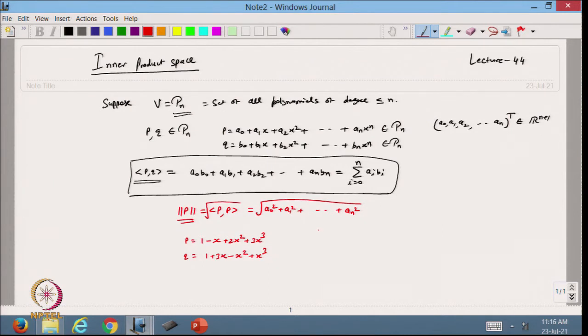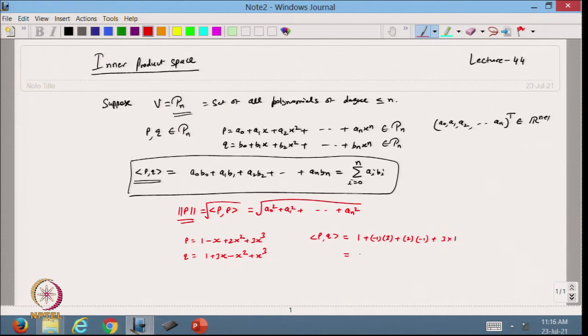Then I want to check whether these polynomials are orthogonal to each other. So, I will just take the inner product of these. Taking the constants, 1 times minus 1, then plus the coefficient of x, minus 1 into 3, then the coefficient of x square, 2 into minus 1, and then 3 into 1.